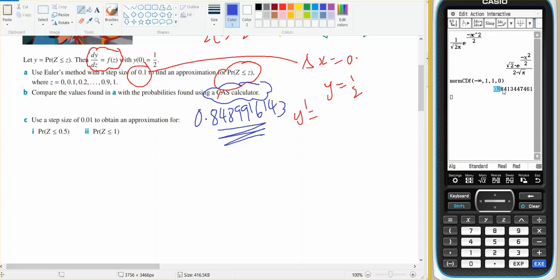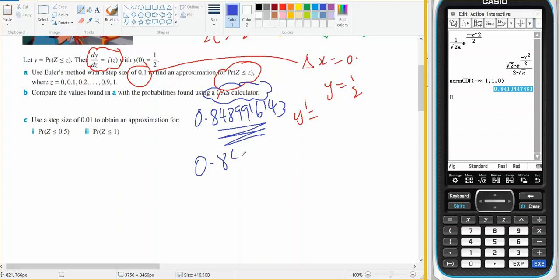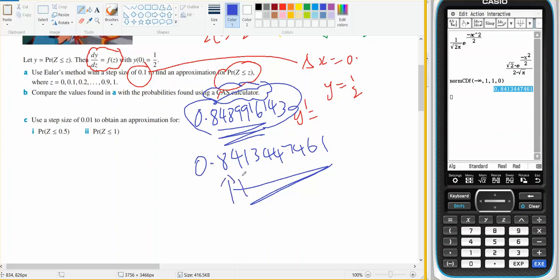Okay, and that's what CAS gives me: 0.84134447461, and that's what Euler's approximation gave. The first two decimal places are the same, a little bit of an overestimate on the third decimal place.